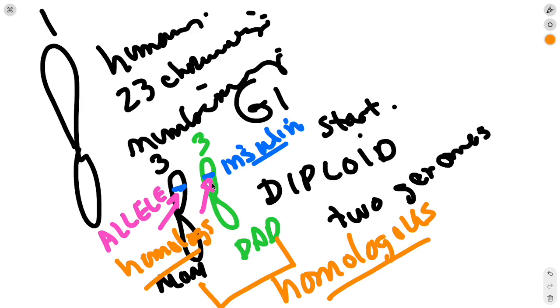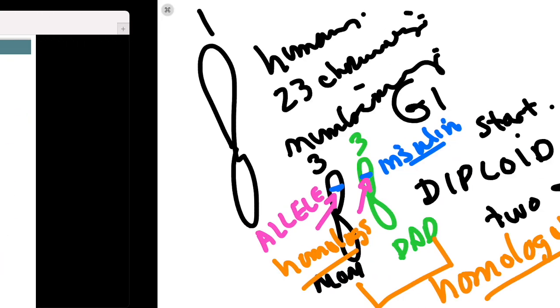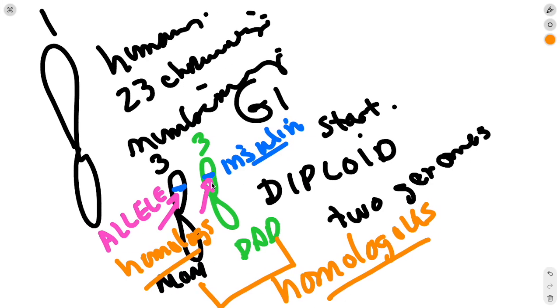Now, when we go through S phase, we're going to duplicate all those chromosomes, double the total number of chromosomes, and then we'll be in G2. So let's just look at G2 and see what's happening in G2.